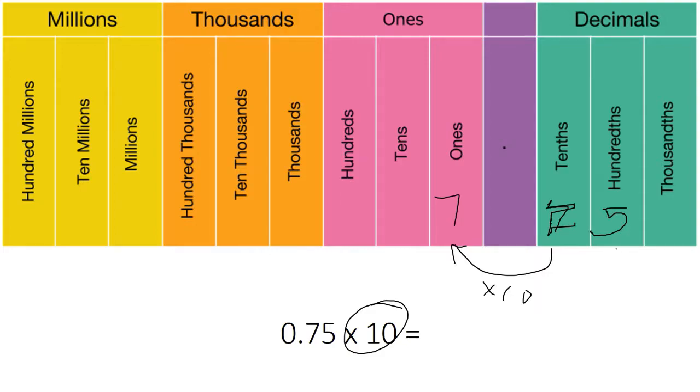So to move that 5 hundredths, I'm going to say, well, 5 hundredths times 10 means I move it up one place in the place value chart. So now that 5 is going to be in the tenths place. So let's make sure we've got that 7 gone. We'll put our 5 there instead. So my answer is 7 ones and 5 tenths, or 7.5.